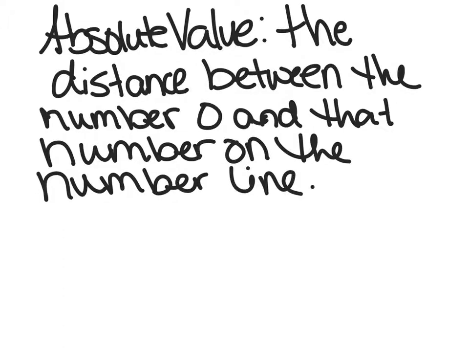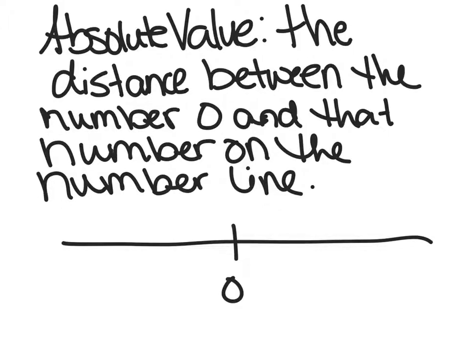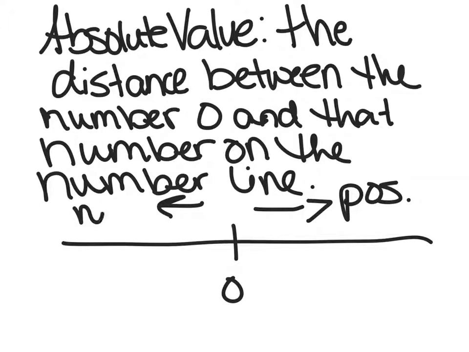Okay, so if we're all familiar with number lines, remember that's your straight line. Sometimes 0 is in the middle, but we're going to find a lot of times if we have to graph a bigger number on the number line, then we're not going to really have 0 on there. So if I put 0 in the middle, remember all of my positive numbers are this way, and this way would be all of my negative numbers.